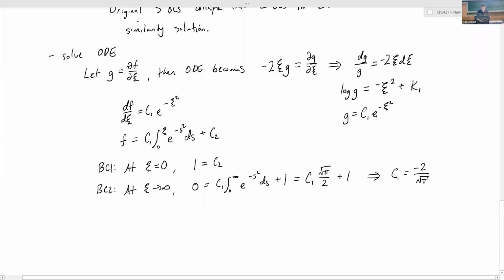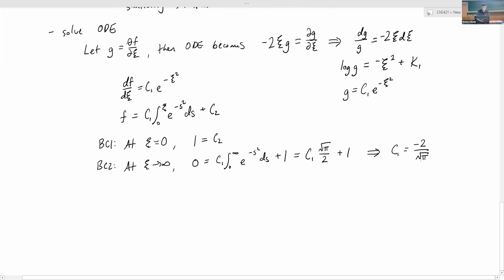Okay, and so what this implies then, now we actually have an expression for this. I can write it in terms of f, but I could also write it in terms of Vx. Remember, Vx is f times u. So u here now is just going to be 1 minus this expression.